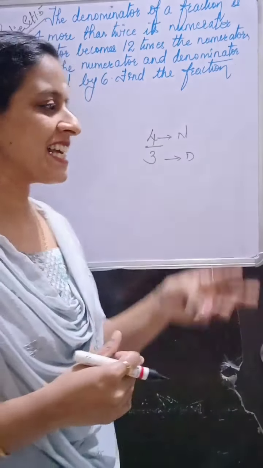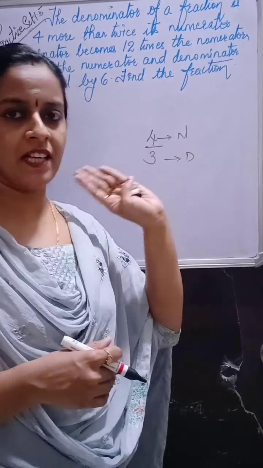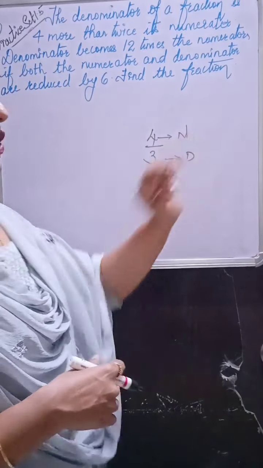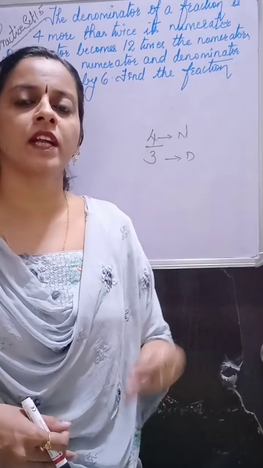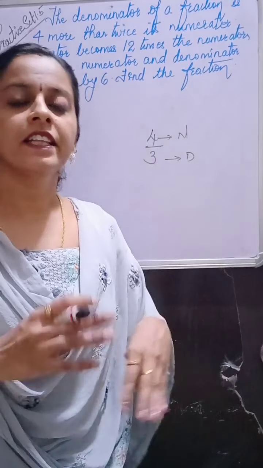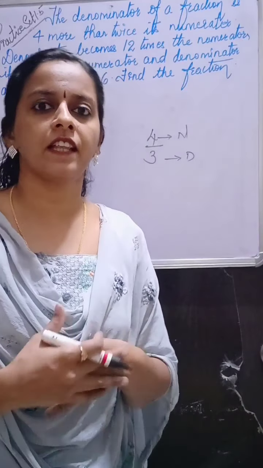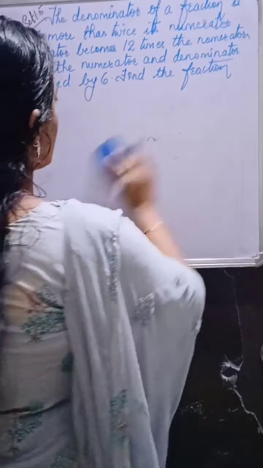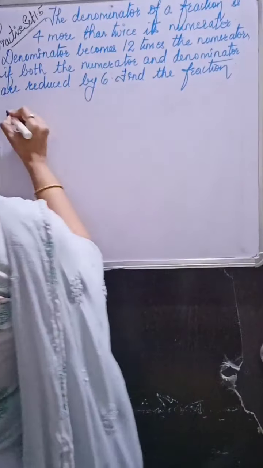So obviously we have to take any one as x and the other will be y. So let's go for numerator x and denominator y respectively. Then again we will read the question and get the condition. Okay, so let's begin. Please write solution.